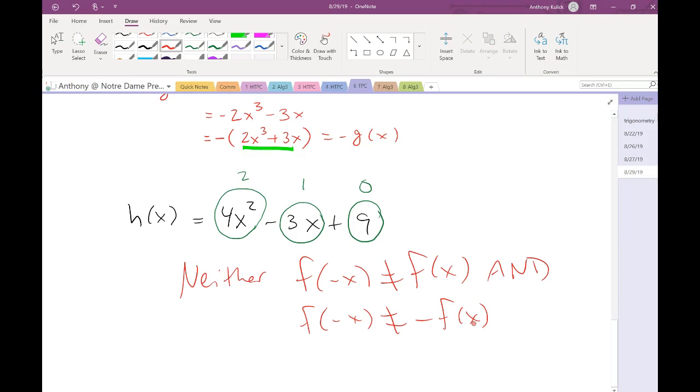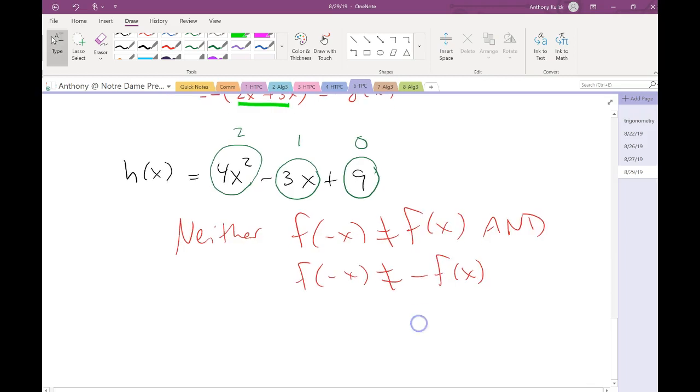So we just have to check two things to be able to do this algebraically. So either way, we're starting with h of negative x. So, just like we did before, we'll just plug negative x in for all the x's in my h of x.